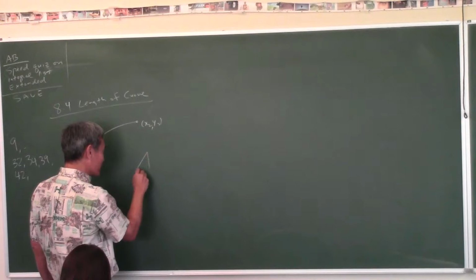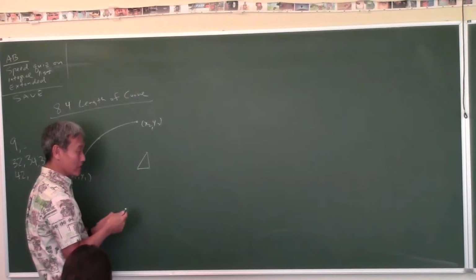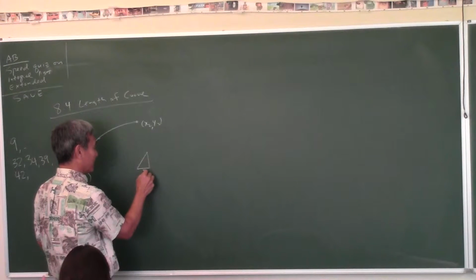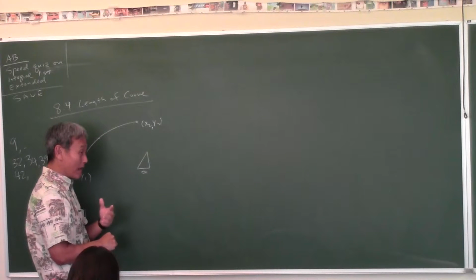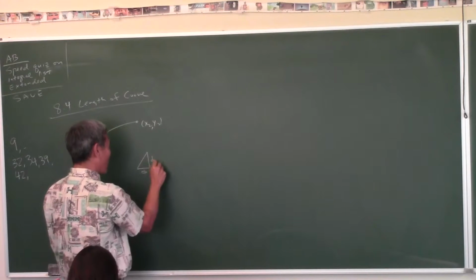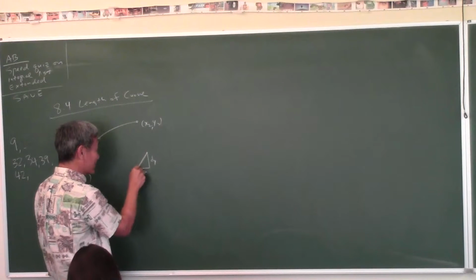So how would you find this? Well, what if you drew this in? This is an infinitesimal change in x, so we call it dx. This is an infinitesimal change in y, so we call that dy. Here's the most important part. What is this right here?